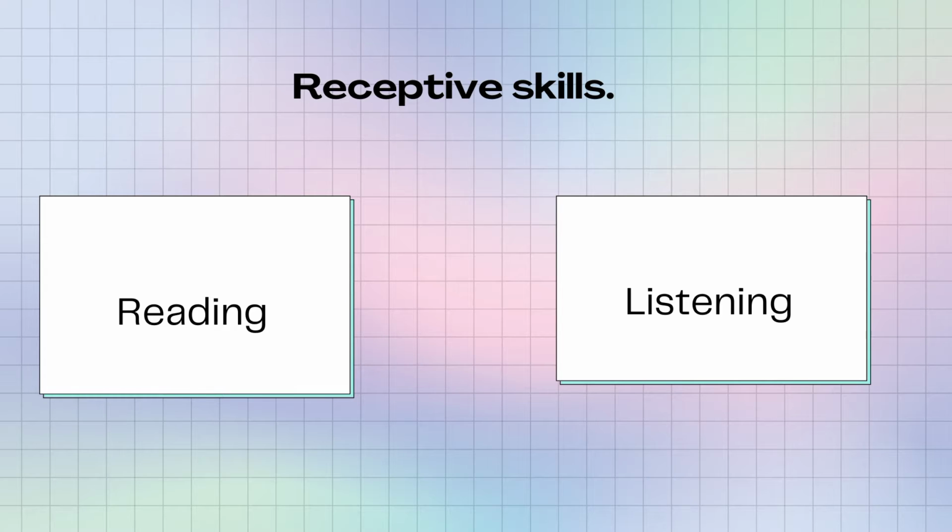It means we receive information from others, which comes from reading and listening. That's why the two types of receptive skills are listening and reading.